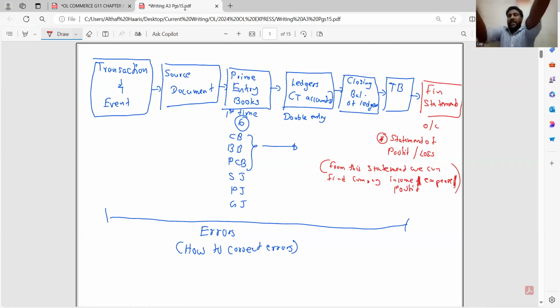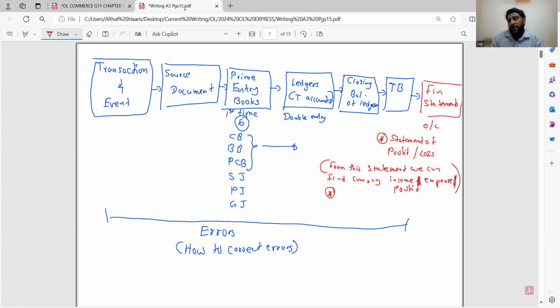So from the statement of profit or loss, what will we find? We will find how much income is there for the period, how much expenses are there for the period, simply how much profit or loss is there for the period. That is the statement of profit or loss.